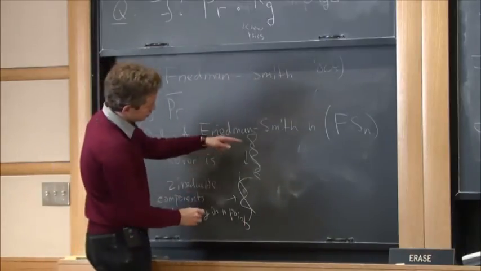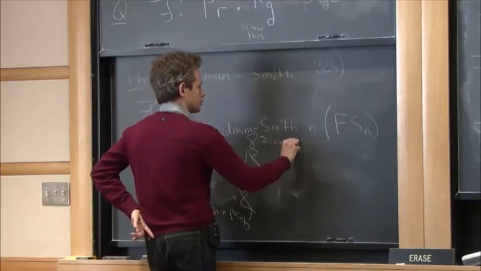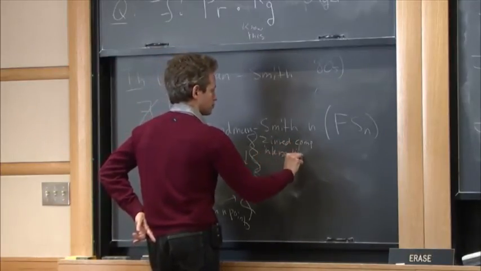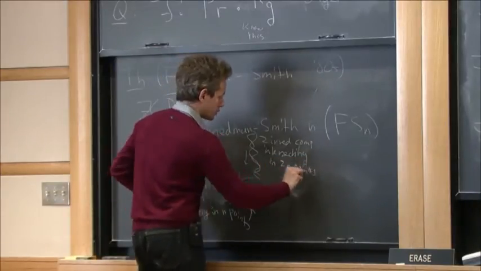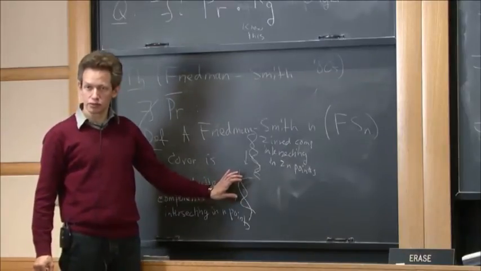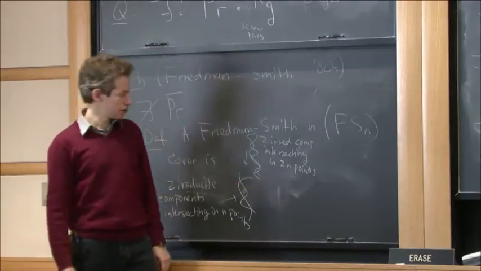And the cover is, there are again going to be two components, two irreducible components intersecting in two n points. So the picture of the cover is that you have an etale double cover of one component and an etale double cover of the other component, and they will intersect wherever they intersect.